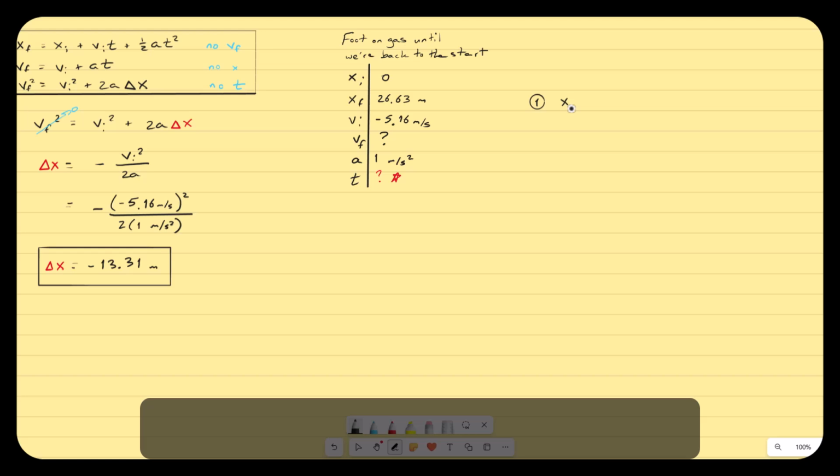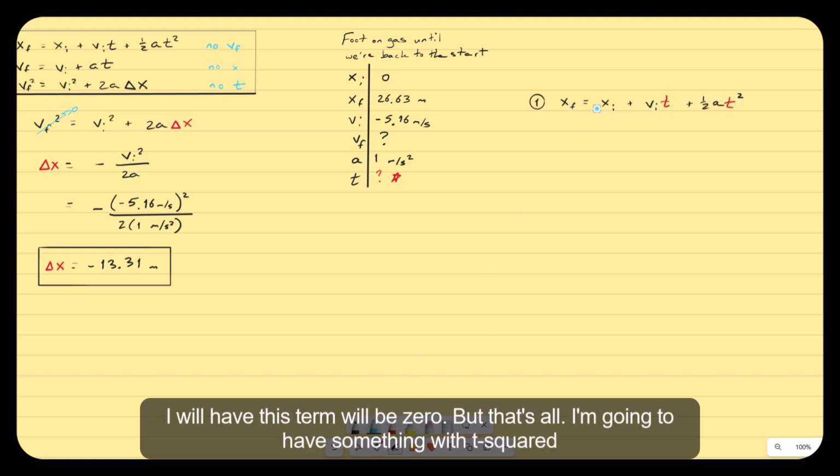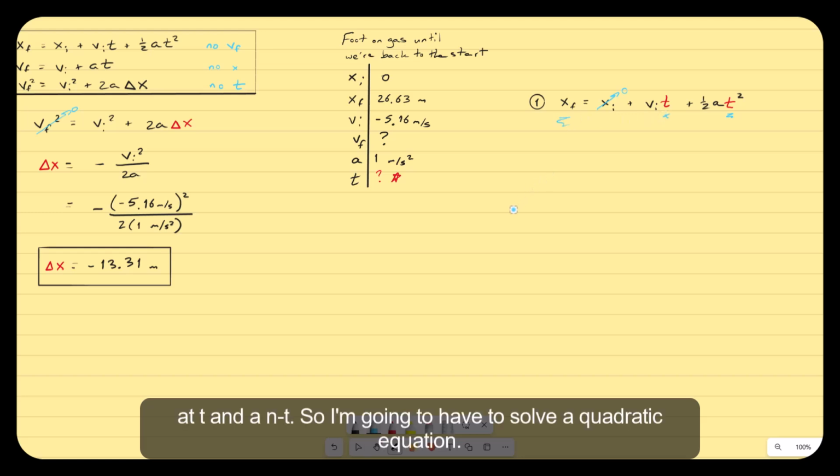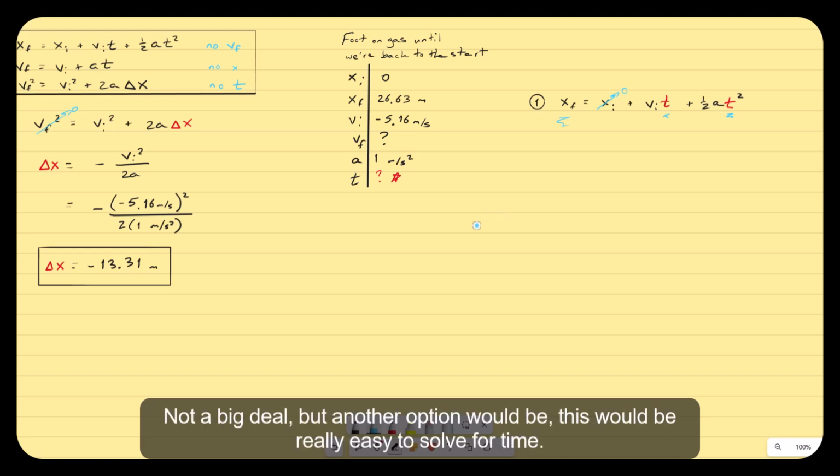This term will be 0, but that's all. I'm going to have something with a t squared, a t, and a non-t, so I'm going to have to solve a quadratic equation.